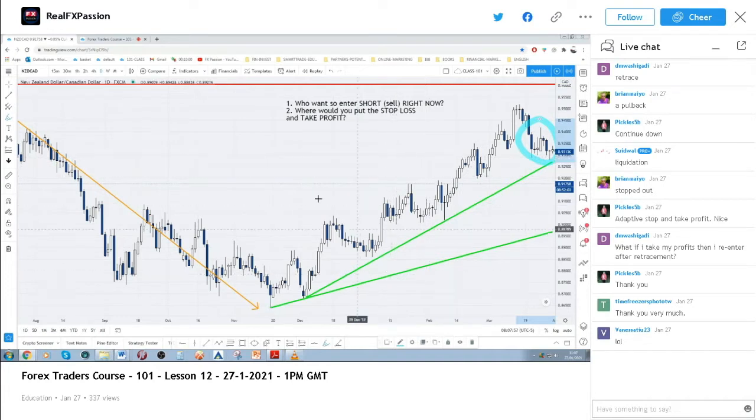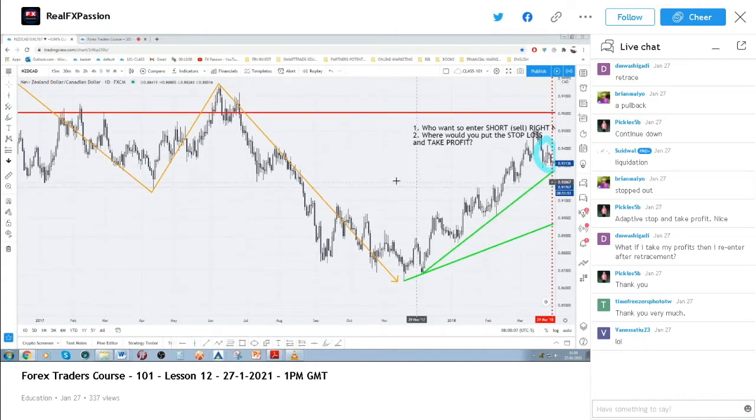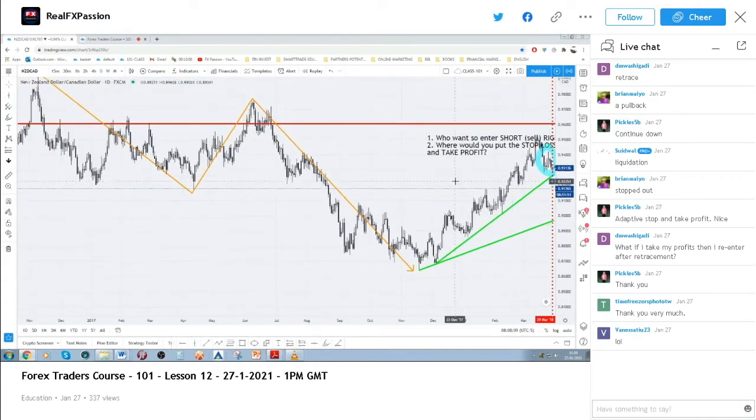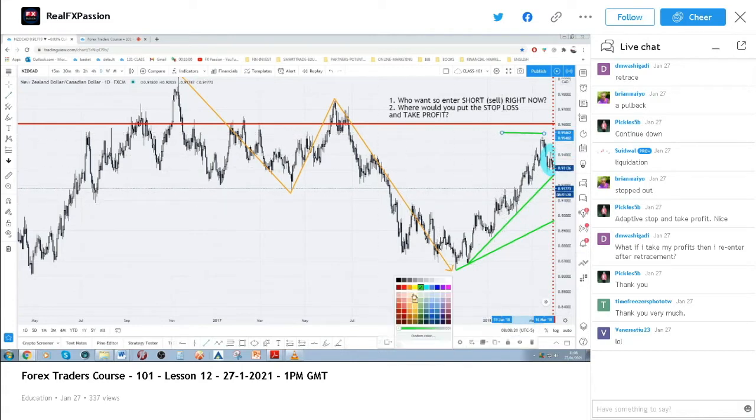You know, we are on NZD CAD. This was the live chart back in time, and we want to make some pips, right? So this is now the big picture. Who in here wants to enter short? Who in here wants to sell? And one more time, talking about the stop loss, would you choose stop loss number 1? And let's change colors.